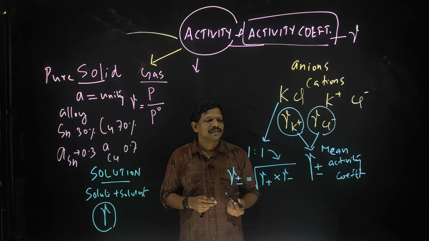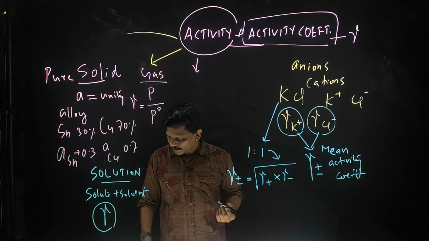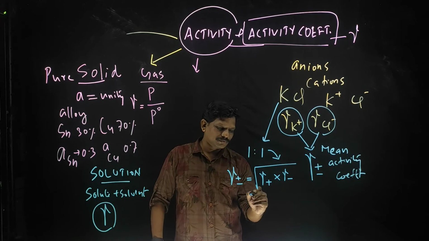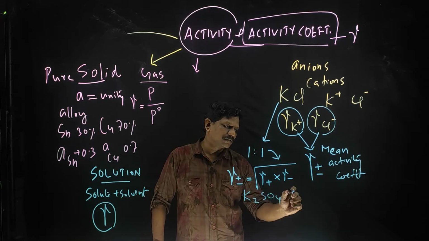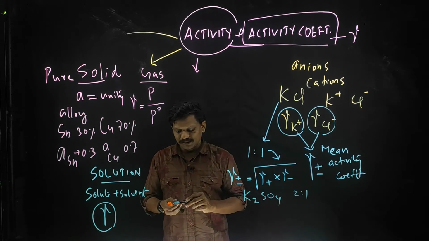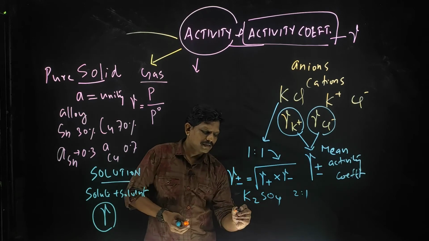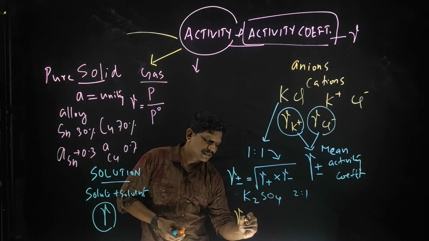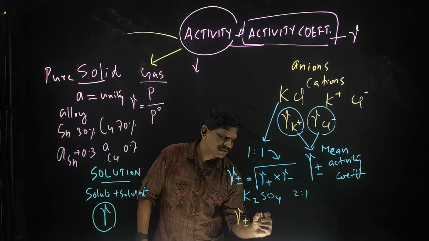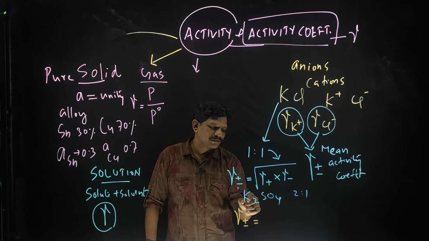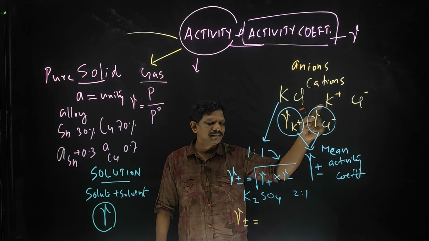Suppose you are considering another system, suppose K2SO4. K2SO4 is a 2:1 system. So how will you write gamma plus-minus, the mean activity coefficient? You see here, how many ions are there? For KCl only 2 ions, K plus and Cl minus.